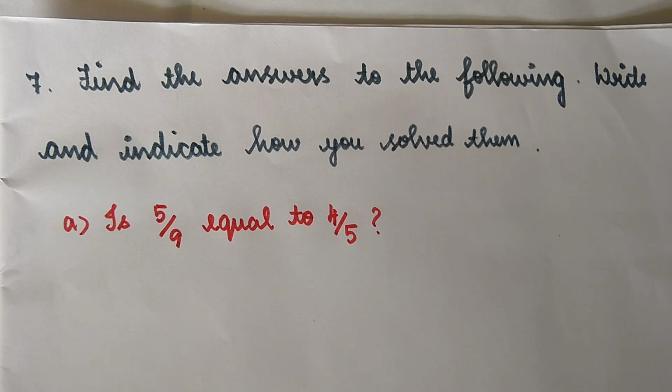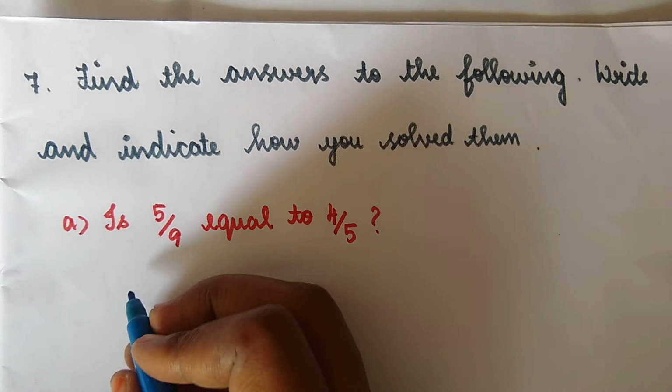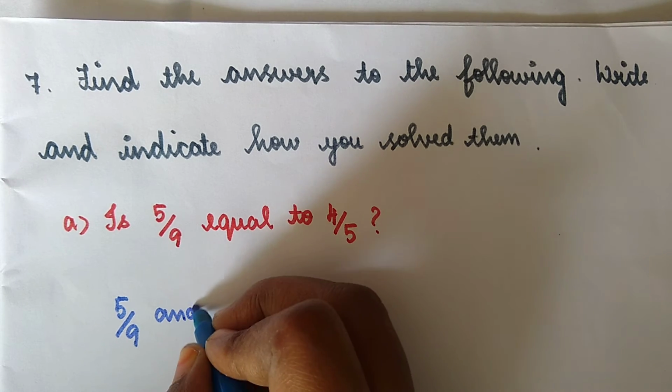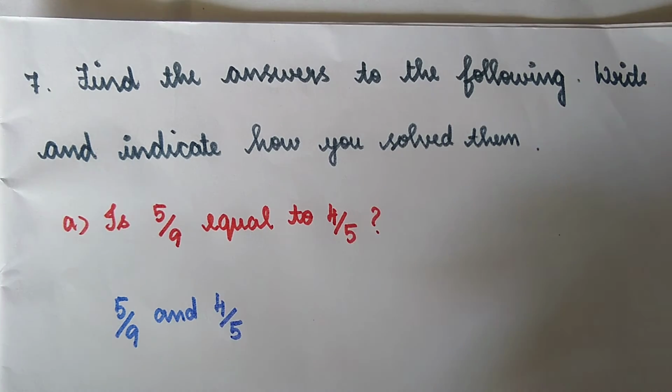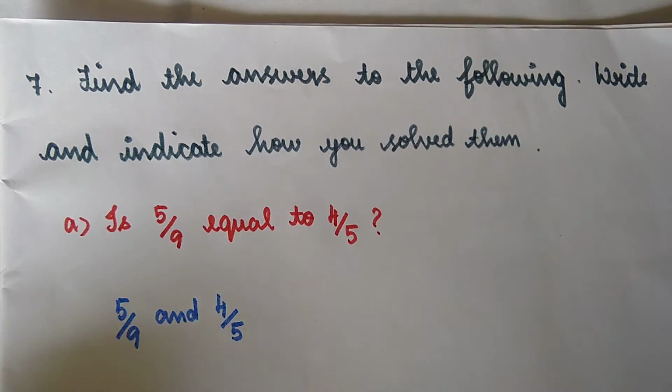What is the first step we have to do? Here the denominators are different, 5 by 9 and 4 by 5. Both denominators are different, so we have to take the LCM of these two numbers.